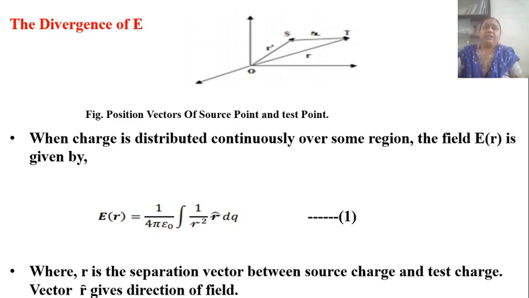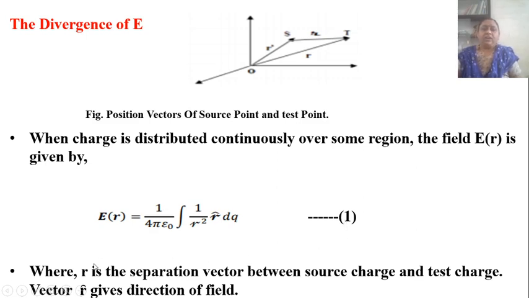So, when the charge is distributed continuously over some region, the field E(R) is given by E(R) equal to 1 upon 4 pi epsilon 0 integral of 1 upon R square R cap into dq.